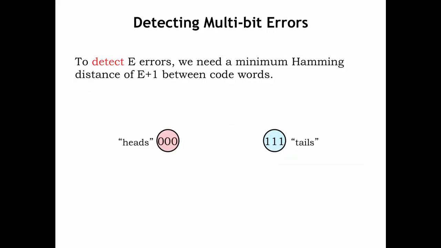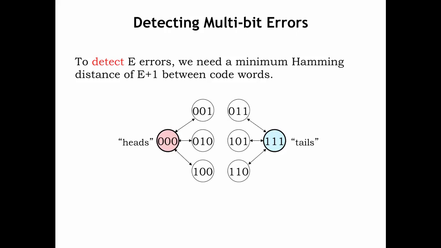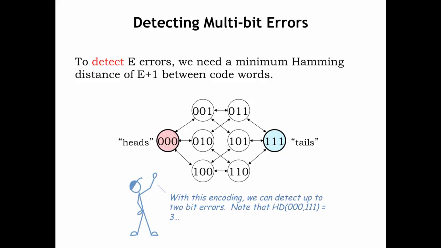In general, to detect some number e of errors, we need a minimum Hamming distance of e plus 1 between code words. We can see this graphically below, which shows how errors can corrupt the valid code words 000 and 111, which have a Hamming distance of 3. In theory, this means we should be able to detect up to 2-bit errors.